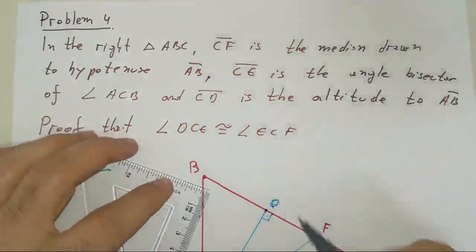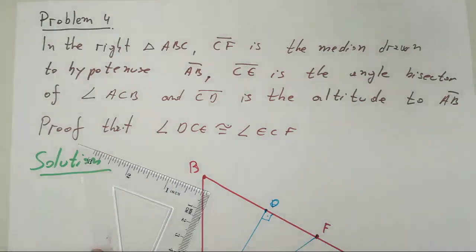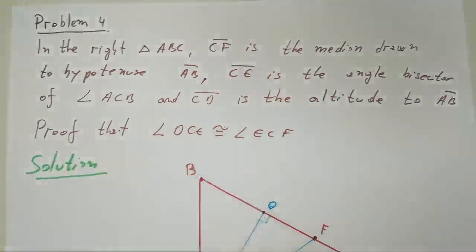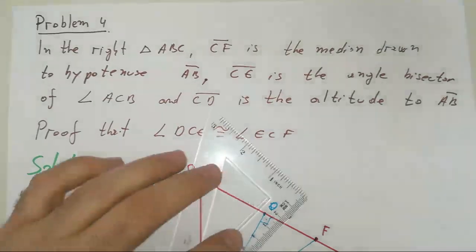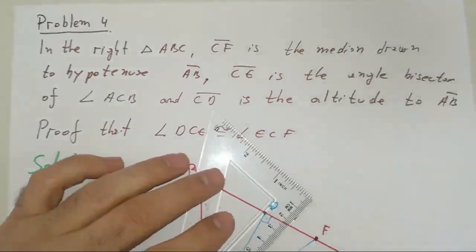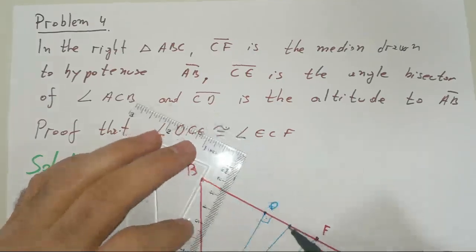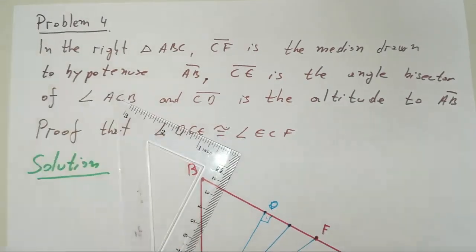CD is the height, the altitude, and this angle bisector, let's suppose it's somewhere here. I'm not constructing this, I'm drawing them free-handed.